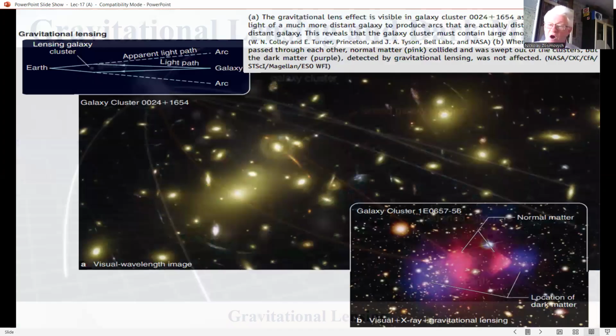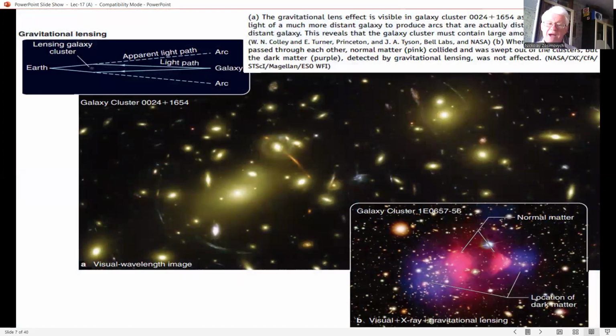Gravitational lensing occurs when light from a distant object passes a nearby massive object and is deflected by the gravitational field. The gravitational field of the nearby object is actually a region of curved space-time that acts as a lens to deflect the passing light.